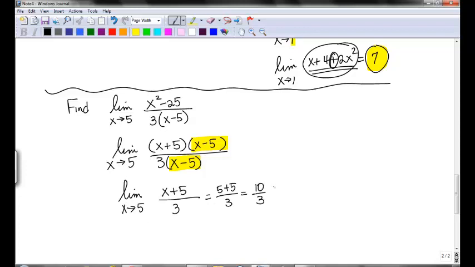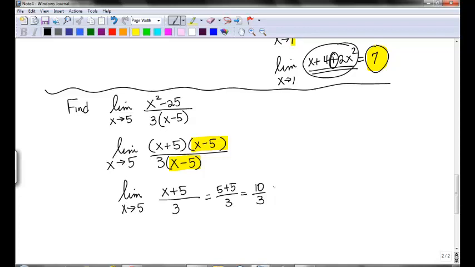Now go all the way back to the beginning. Can x equal 5? No, because you would have division by 0. So that is either an open circle or an asymptote on your graph. Let's graph it.